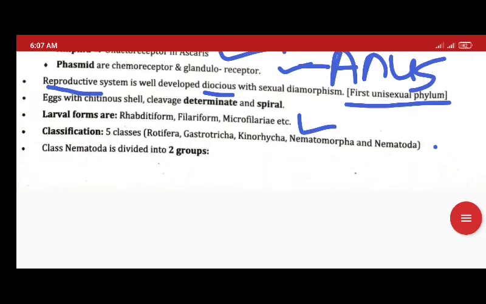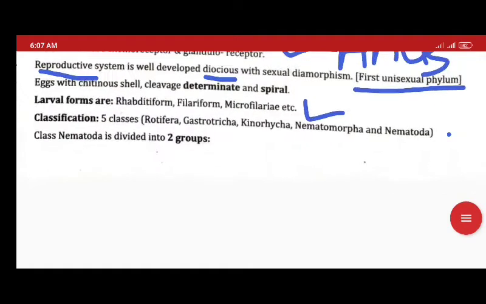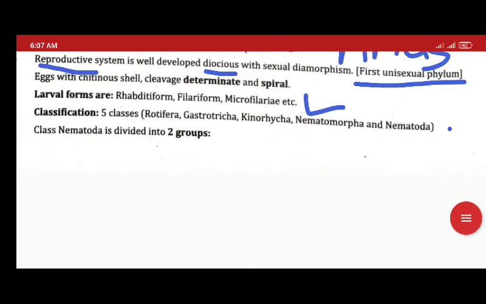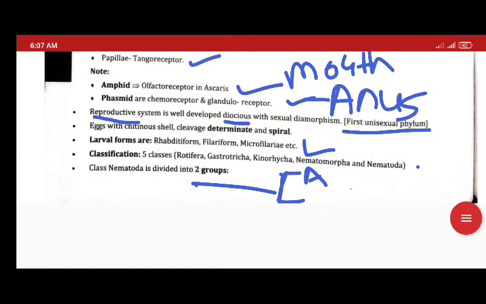The larval forms are rhabditiform, filariform, microfilaria and filaria, and the phylum contains 5 classes. Nematoda is divided into 2 groups on the basis of the sensory organs present, that is amphid and phasmid.